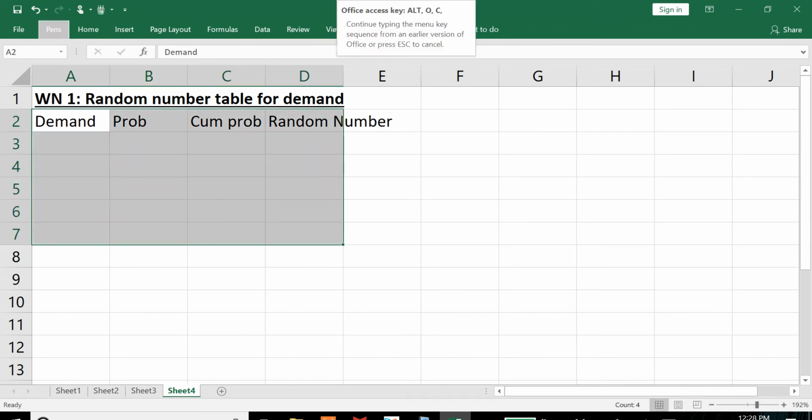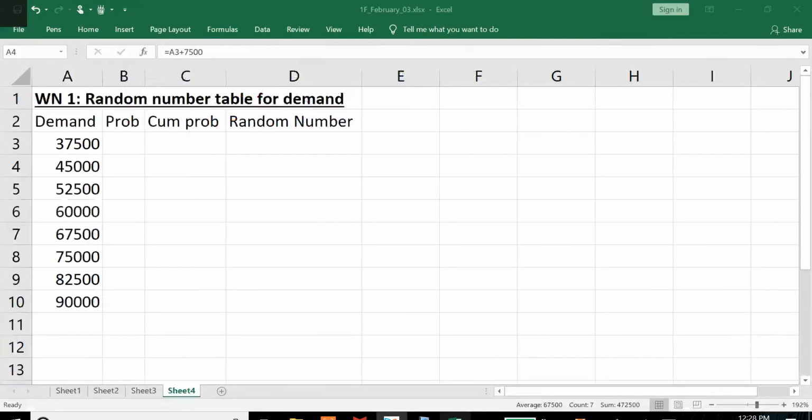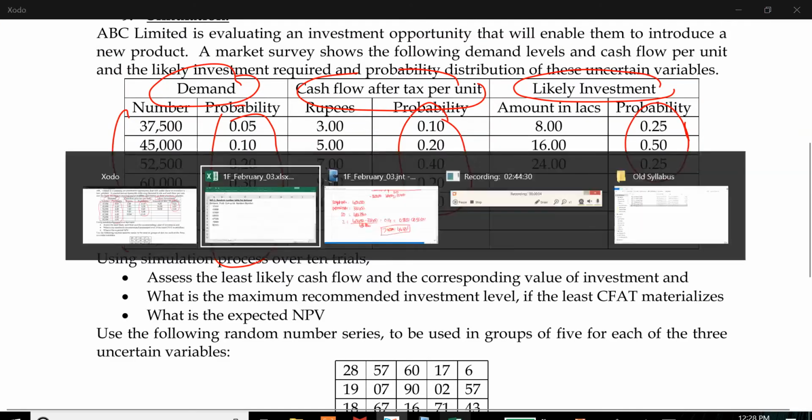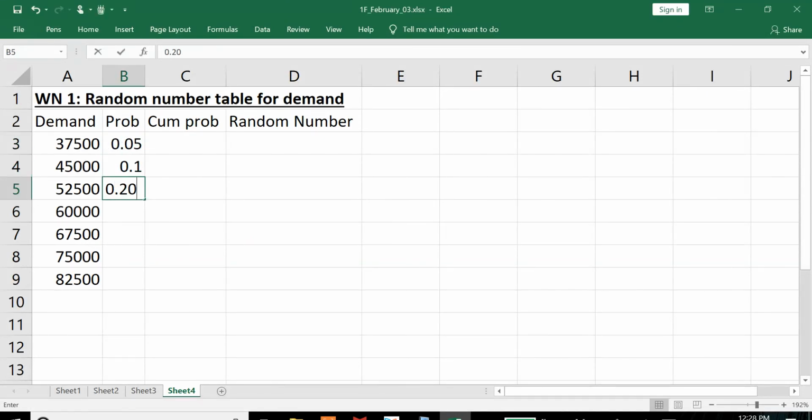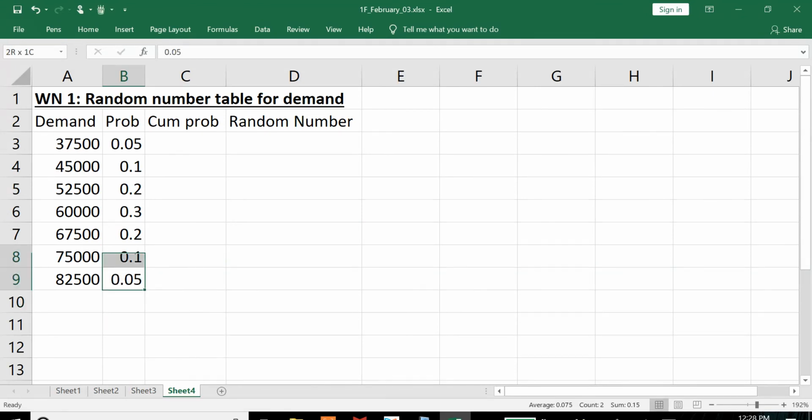Demand and probability, copy paste from the question. Obviously the probabilities have to add up to 1.